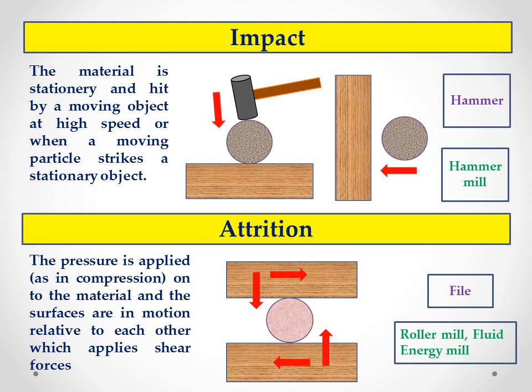As we can see in the figure, compression pressure is also there, and the shear forces, as both the surfaces up and down are moving relative to the object. The examples from day-to-day life are the files we use, and in pharmaceuticals we use the roller mill and fluid energy mill.